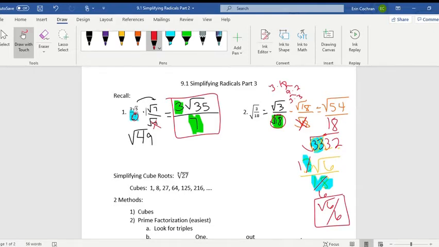Another way is I look at, before I even multiply by radical 18, I look at 3/18 is underneath the radical, it's a fraction. Can I simplify 3/18? Yes, I can. I can simplify that to 1/6. Now I could break it down to the square root of 1 over the square root of 6. And then I'd multiply by radical 6 over radical 6.